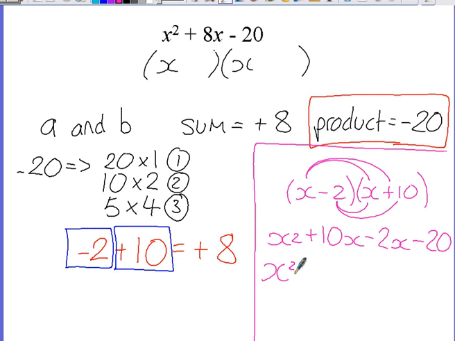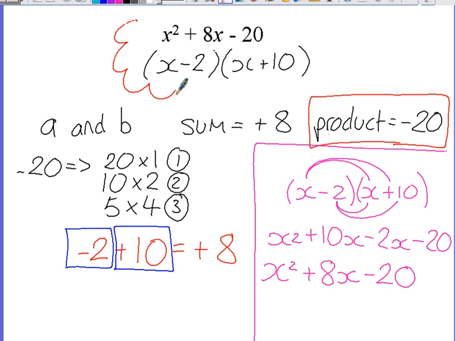And I simplify that, 10x take away 2x gives me 8x, and I've got my minus 20 at the end. And I can see that that matches exactly with my original expression. And so now I feel confident to write in the two values of minus 2 and plus 10. And now I've fully factorised the expression.